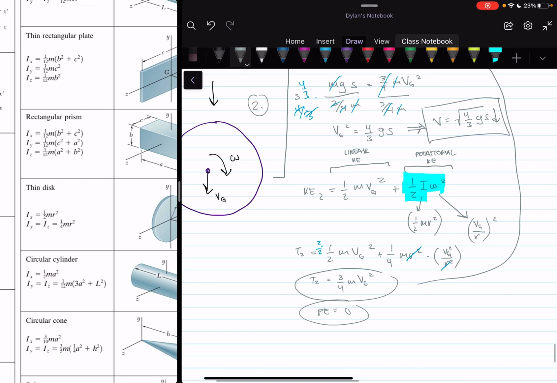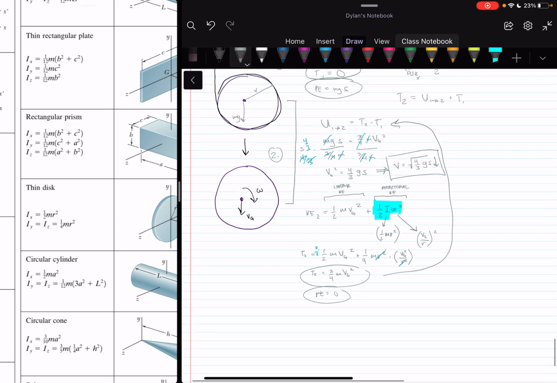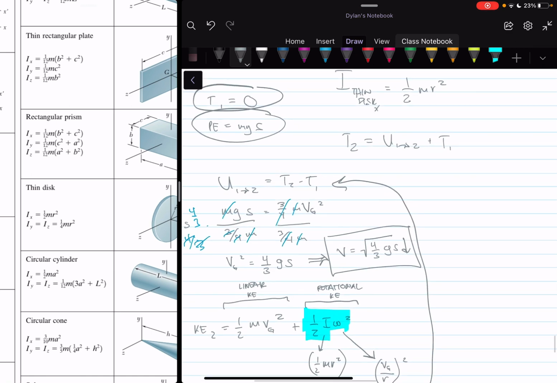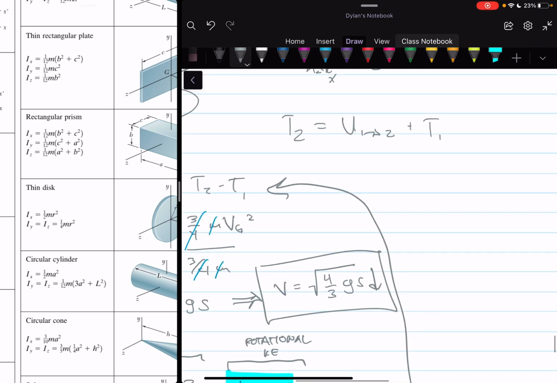So that's the work done, and that's the change in the system basically from potential energy, and that goes to kinetic energy, which we just solved for. So then we can just set those equal to each other since T1 is 0.